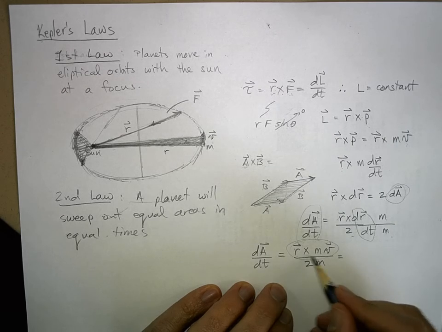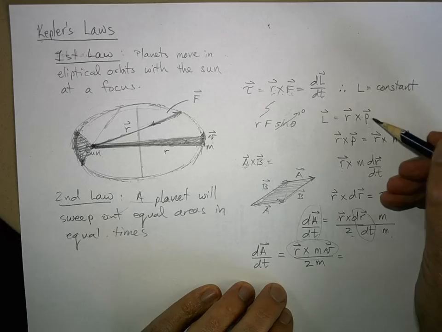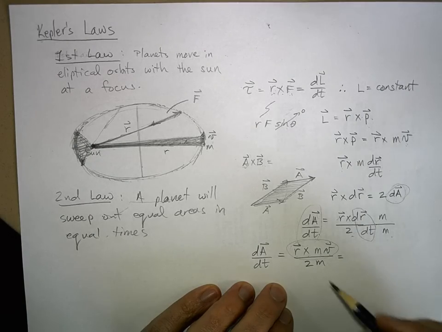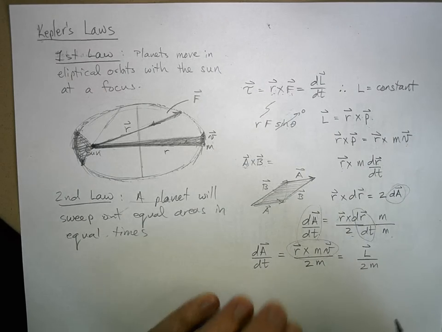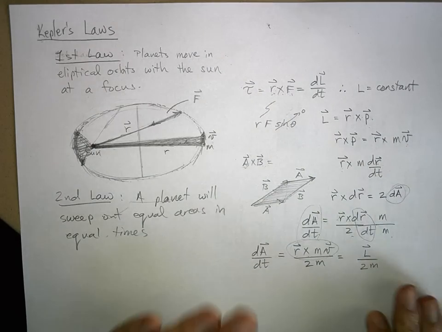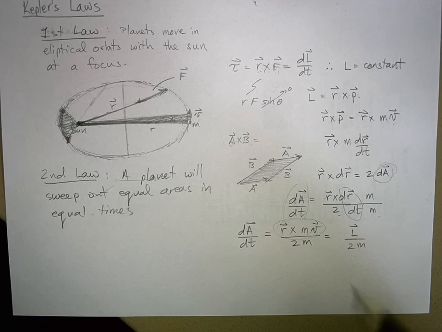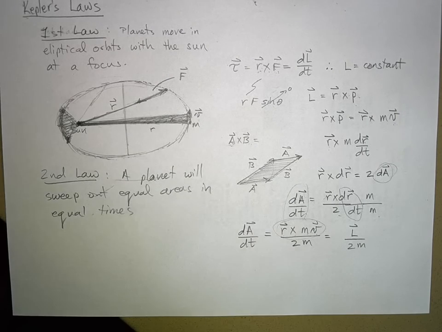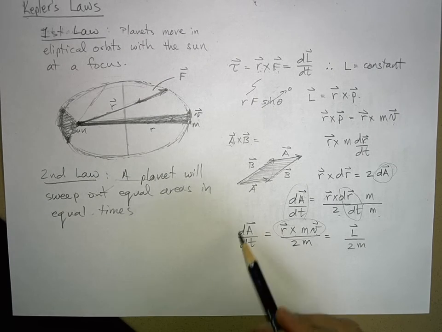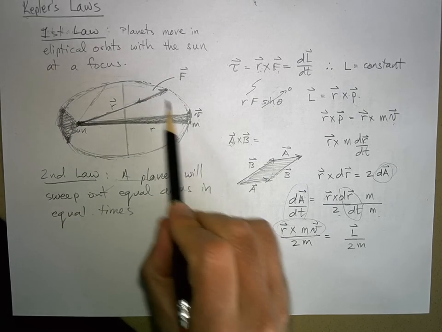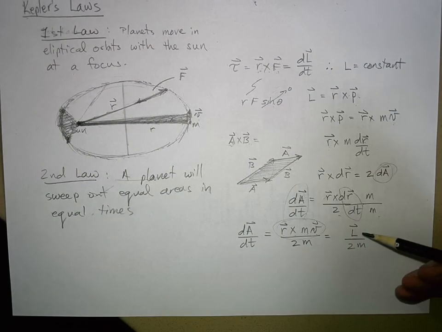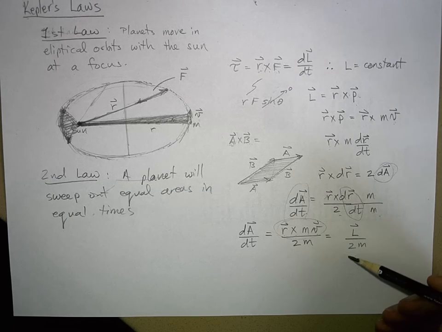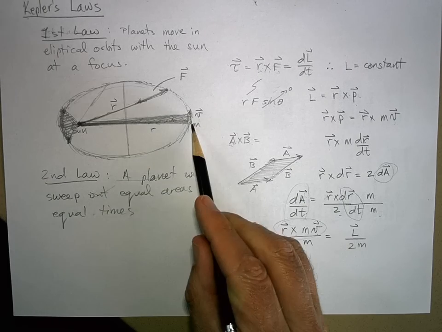R cross mv, that's my angular momentum. This is L. So this is going to be L over 2m. Wow, you're thinking, hope you followed all that. It's kind of cumbersome. But let's think about what this means. The rate at which I sweep out area as I go around my ellipse is equal to my angular momentum divided by twice the mass of my little dude here.